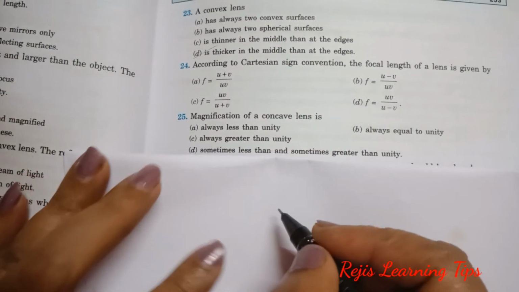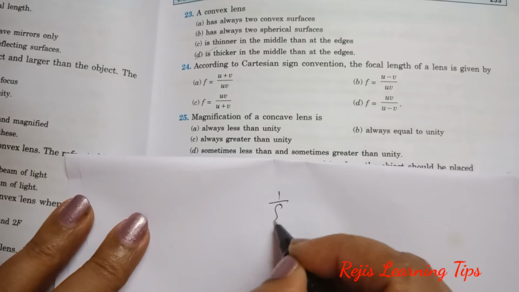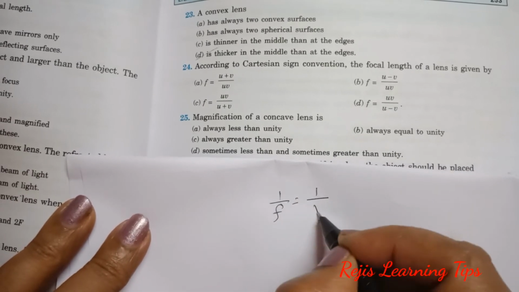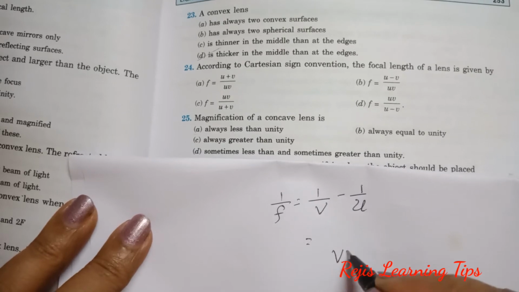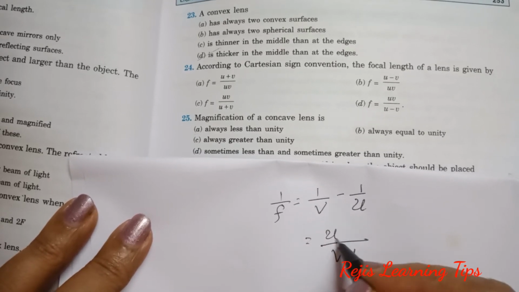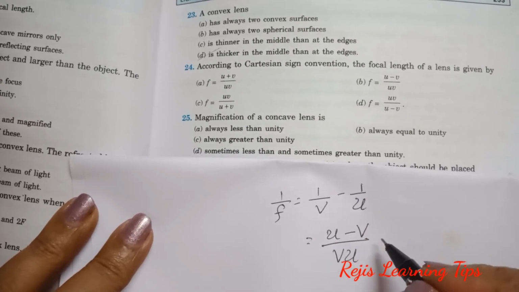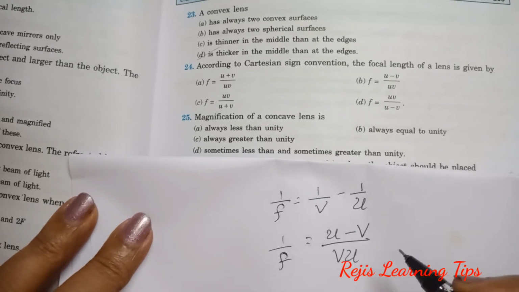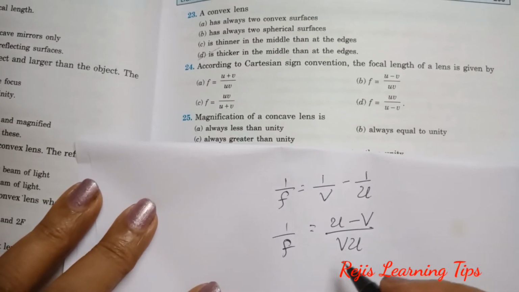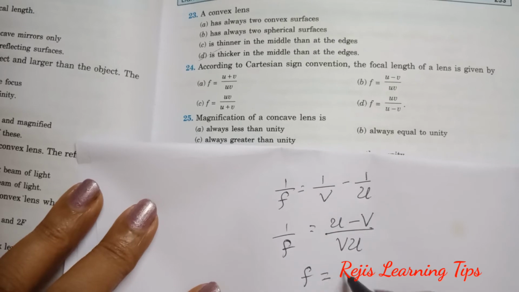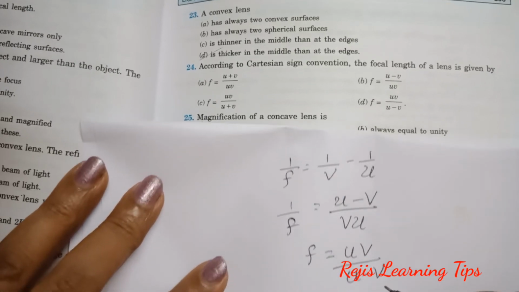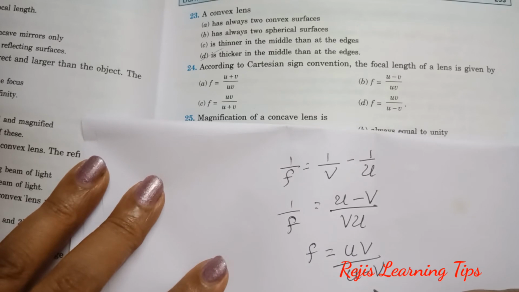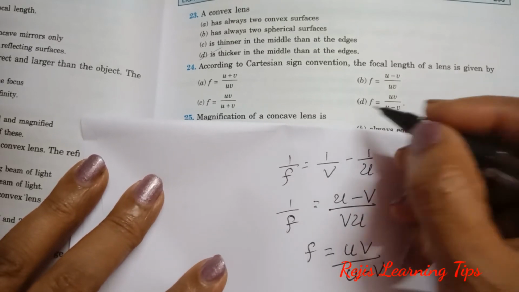The lens formula is 1 by f is equal to 1 by v minus 1 by u, that is equal to (u minus v) divided by vu. Then f is equal to uv divided by u minus v. So our option is D.